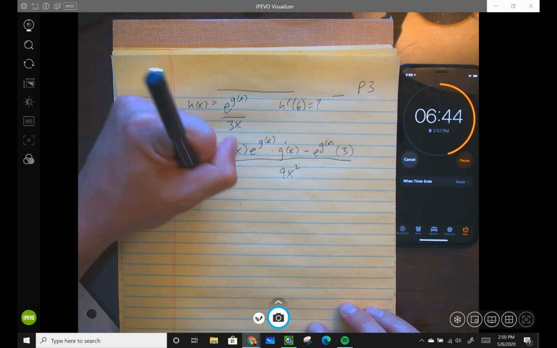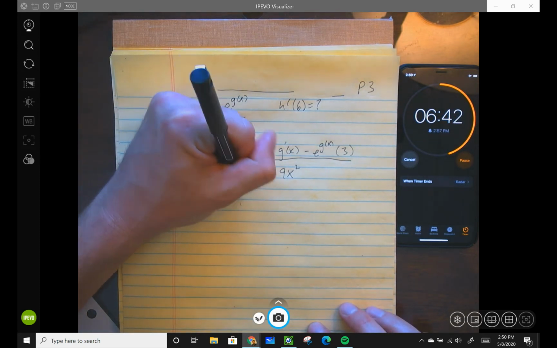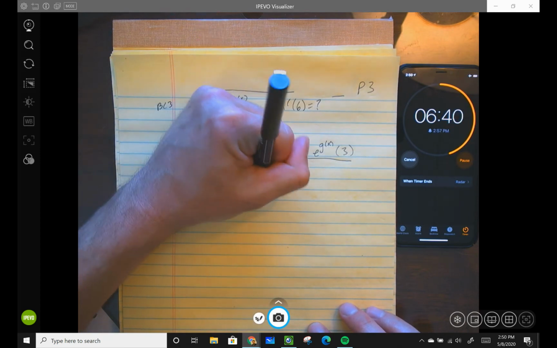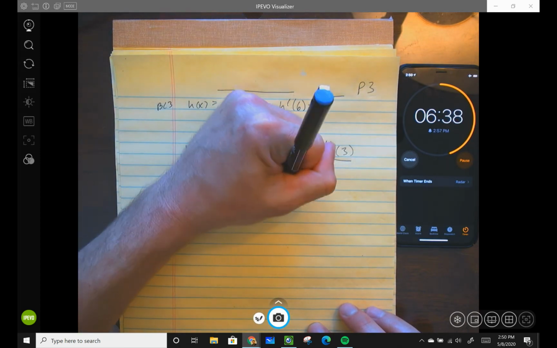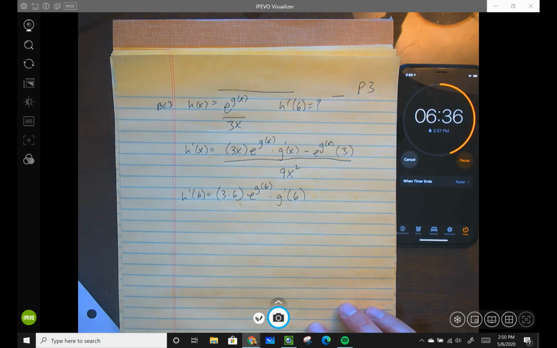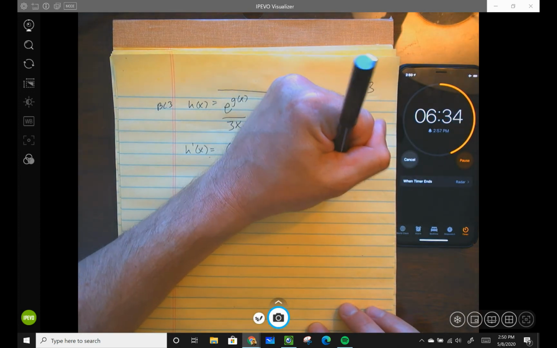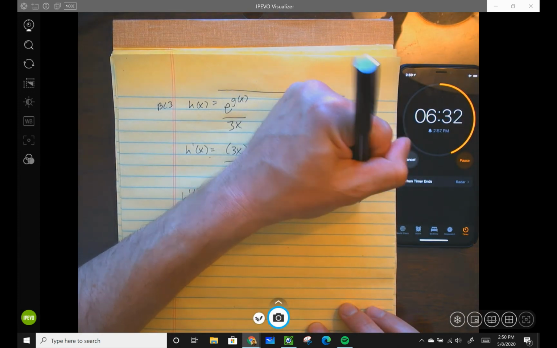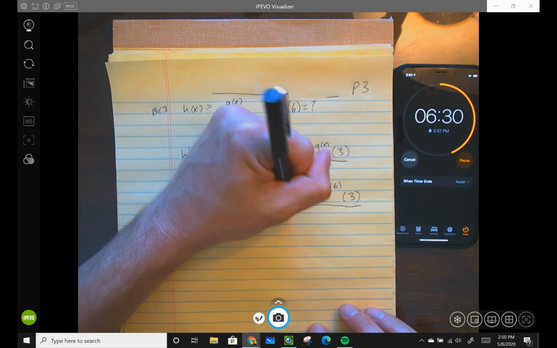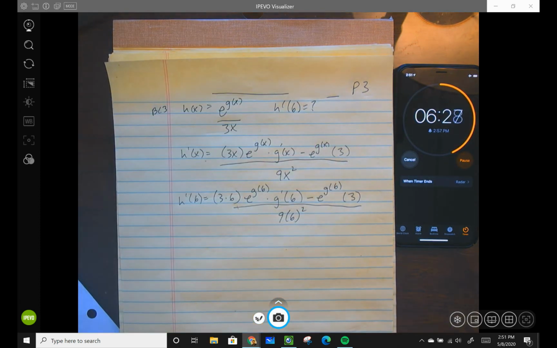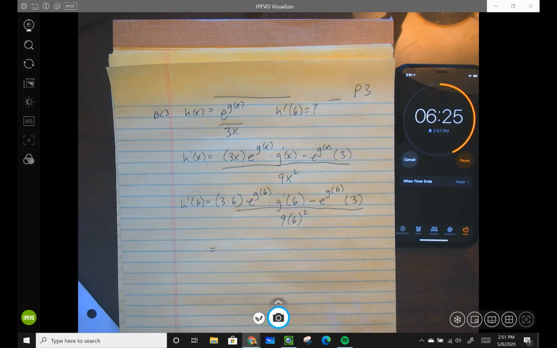h prime of 6 now is equal to 3 times 6, e to the g of 6 times g prime of 6 minus e to the g of 6 times 3 all over 9 times 6 squared. And I'm not going to simplify that, but I do need to evaluate e to the g of x here and g prime.